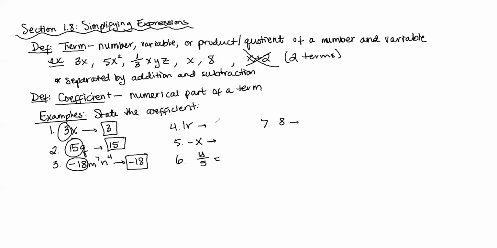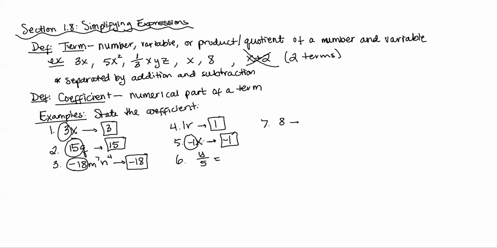It's always a 1 if you can't see it, so our coefficient is 1. Same thing if it's just a negative, that's a negative 1x, so negative 1. And notice how the signs are always carried over to the answer for these. The coefficient includes the sign, so if it's a plus x in our expression, that's a positive 1.